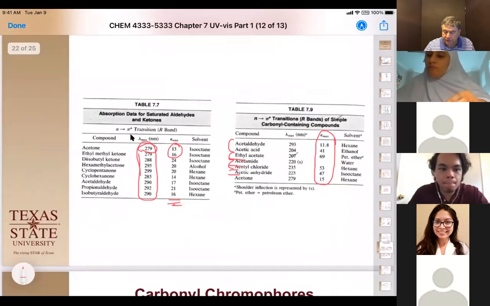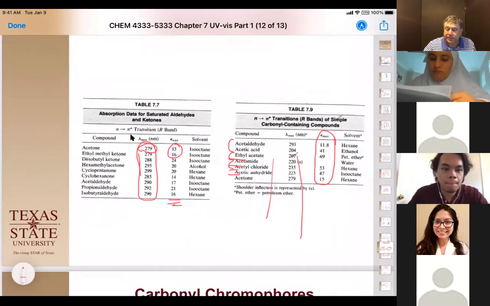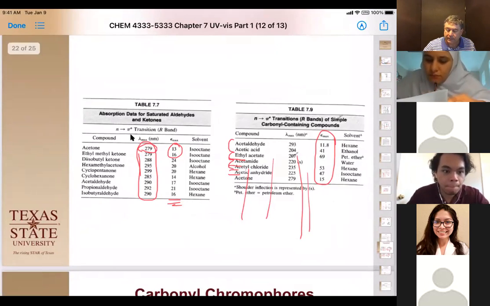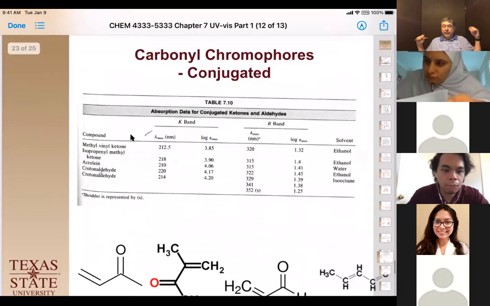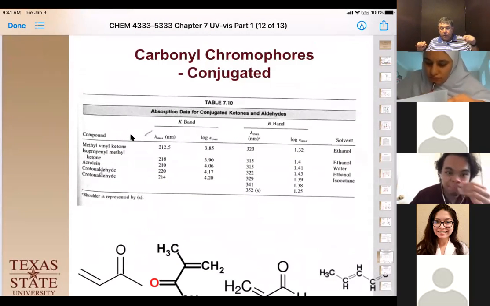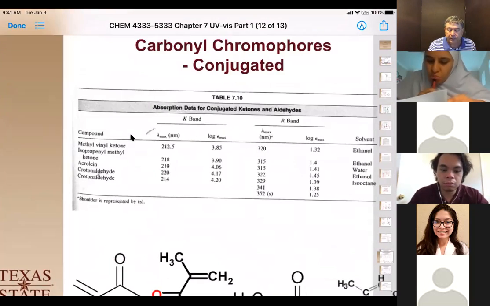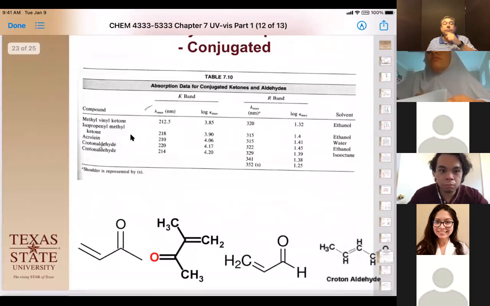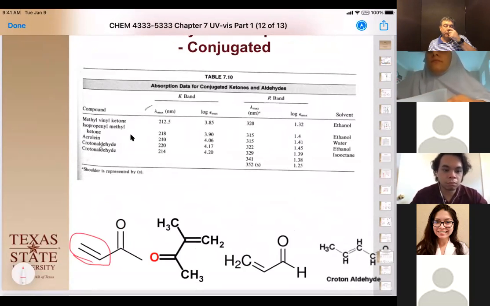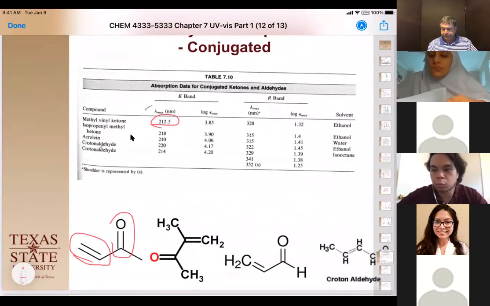What if they're conjugated? If they're conjugated, now things get really interesting, because our extinction coefficients will go up for our pi to pi star transitions. If we look at some simple ones like this, just by adding a carbon-carbon double bond in conjugation with this ketone, we see a K band.